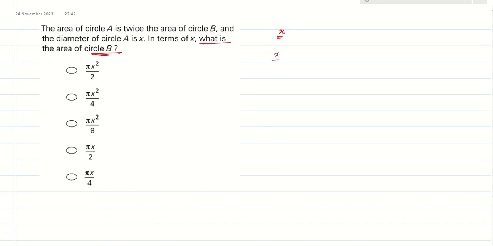What is the radius? It should be x by 2. Correct?